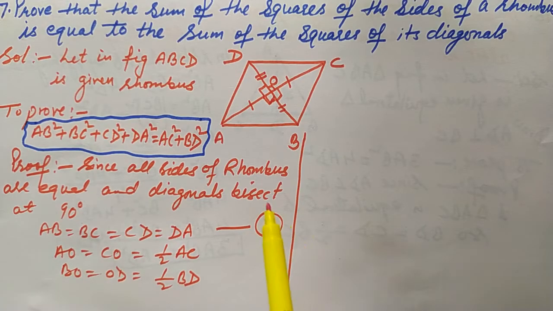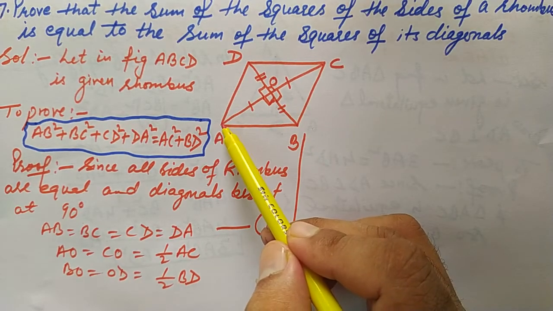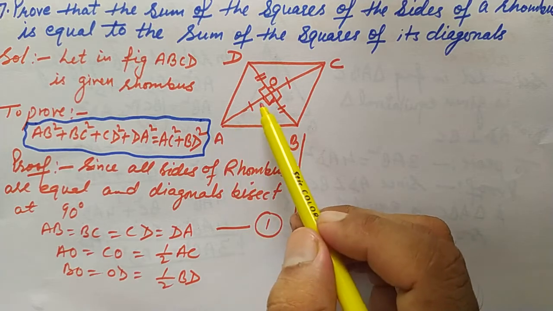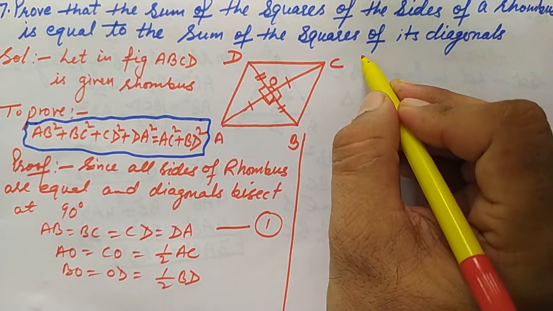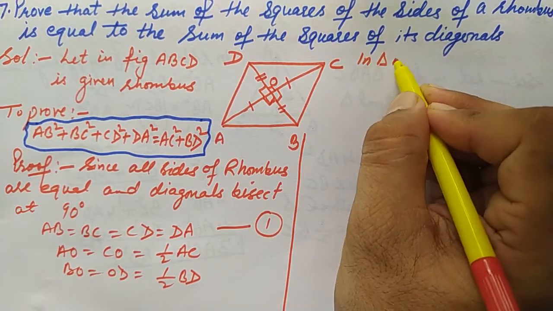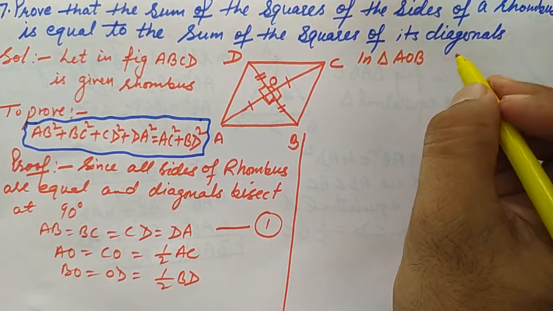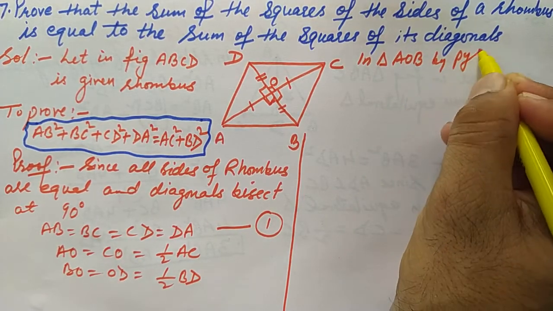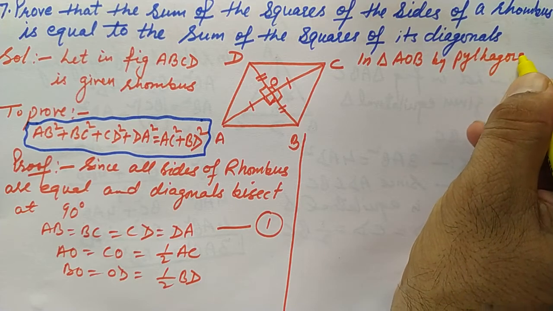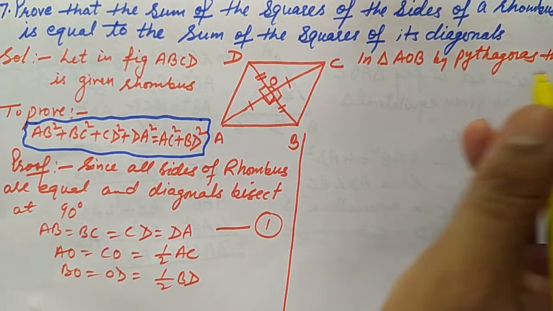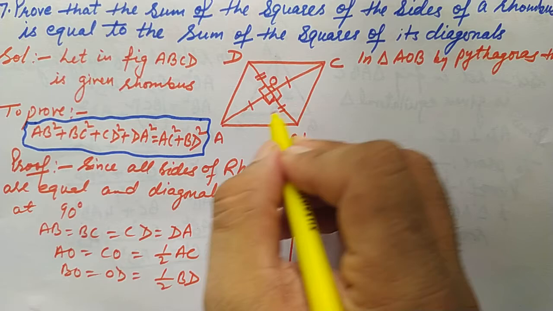Now first of all, we will use Pythagoras theorem in right angle triangle AOB, because this is 90 degrees. So this is a right angle triangle. We'll write in triangle AOB, by Pythagoras theorem, this is the hypotenuse.